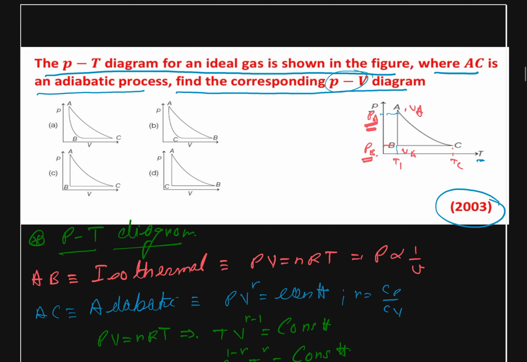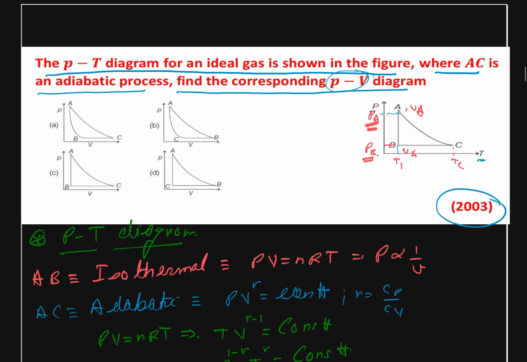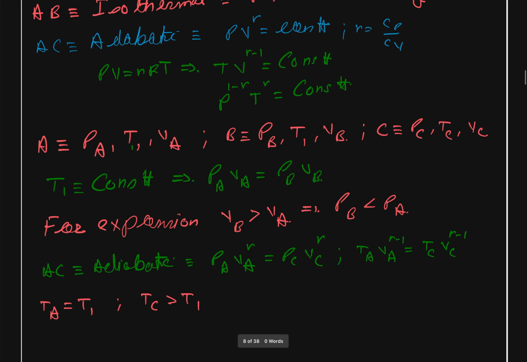Because it says that AC is adiabatic, so it should be going like this from C to B, and it should be going from B to A, cyclic. And if it is going from B to A, then this doesn't hold.